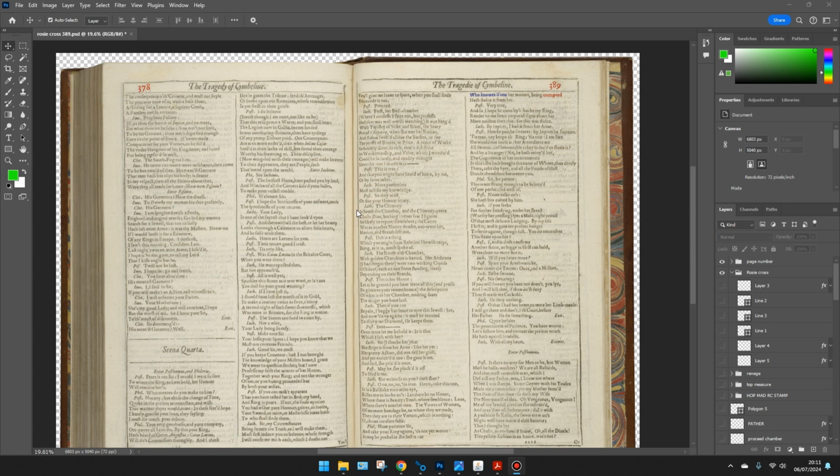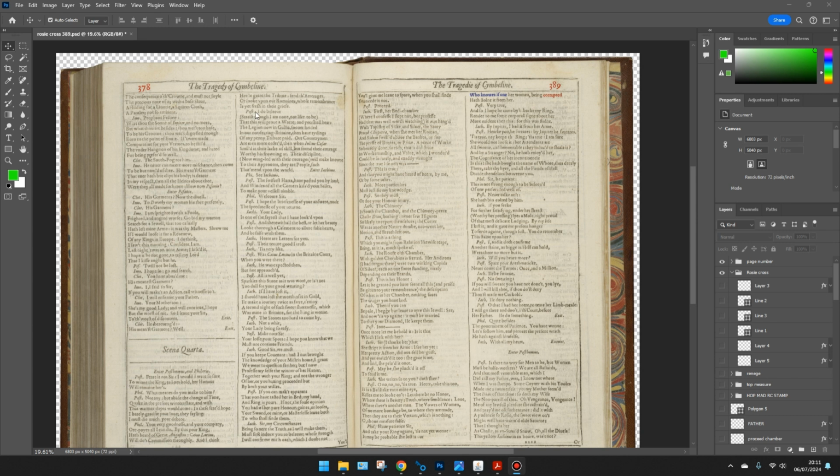Any alignments, I'll make it clear if we need to use another document. I just like using this version of the folio because of the resolution. But if there are any alignments that could be a problem because of this page turning, we'll take a look at it if and when it arises.